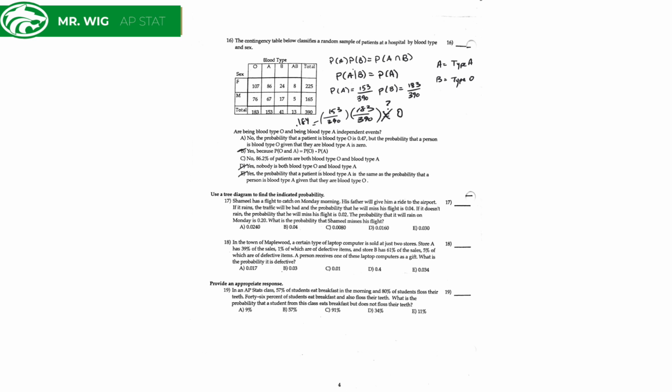We also know this formula right here. What's the probability of type A blood? Well, the probability of type O, if we write that as a decimal, is 0.47. That's important.